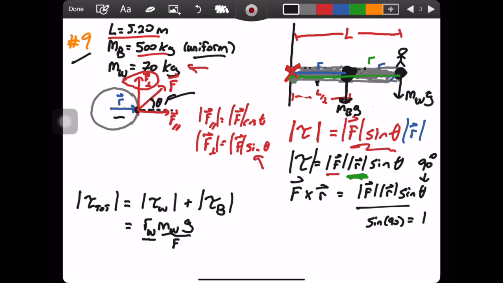You don't see a sine theta term anymore because sine of 90 is 1. It goes to unity when they're perpendicular.